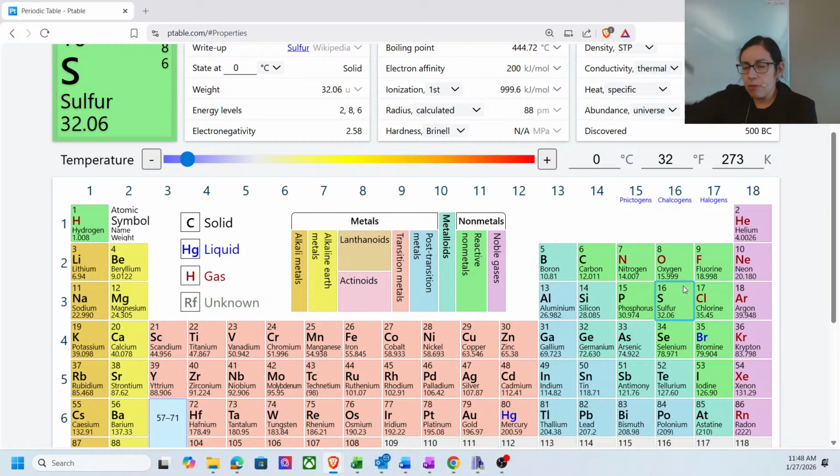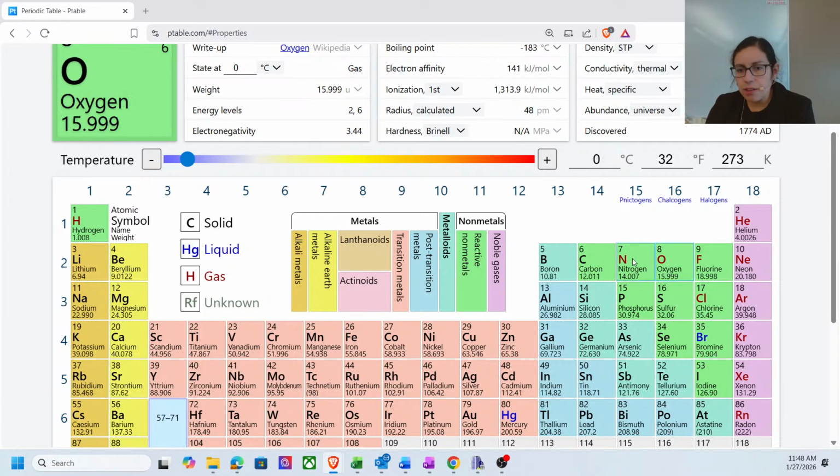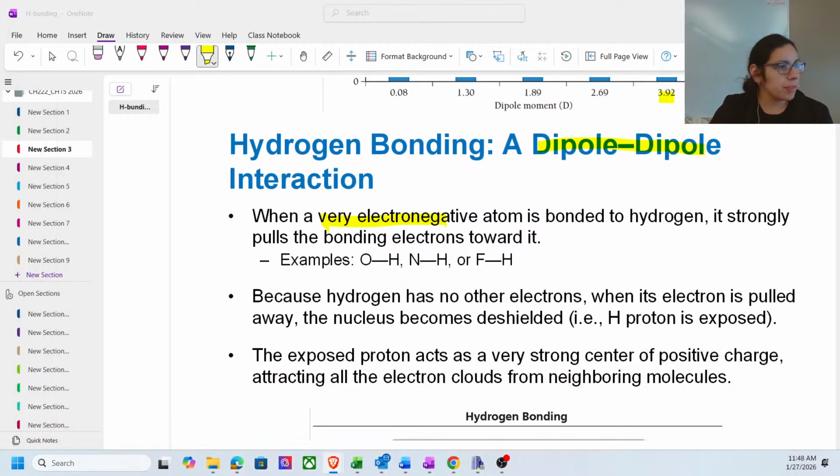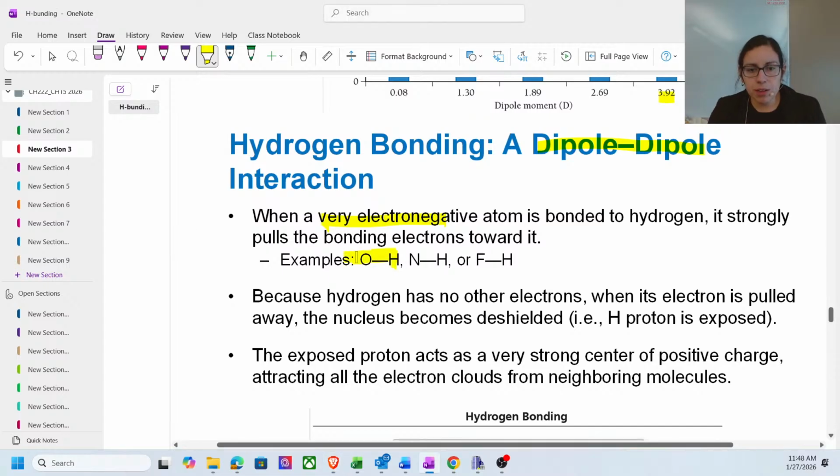So we could either turn around or we'll look at screen. It's fluorine, oxygen, or nitrogen. So maybe you want to highlight those on your periodic table. It's only when hydrogen is bound to fluorine, oxygen, or nitrogen do we have hydrogen bonding. So again, highlight that, whatever you need to know, oxygen, nitrogen, fluorine.